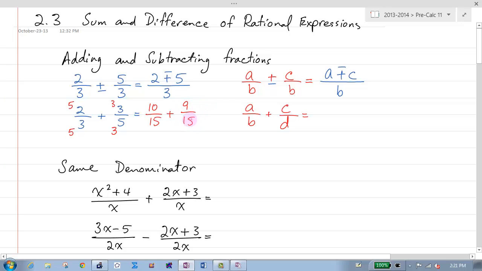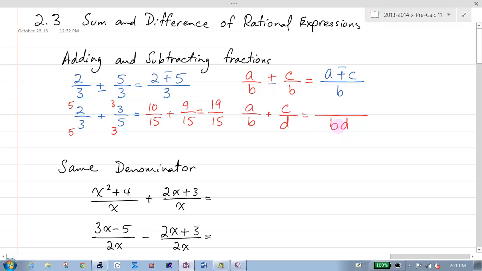Now again, they become like denominators, and it is an easy addition of these two fractions. It will be over 15, and 10 and 9, 19, would be the numerator. So for unlike denominators, we multiply the two denominators.